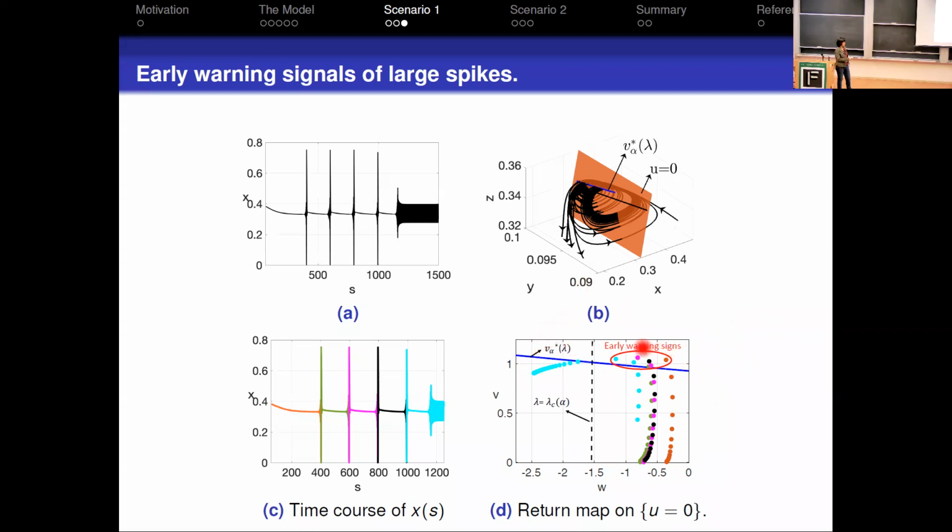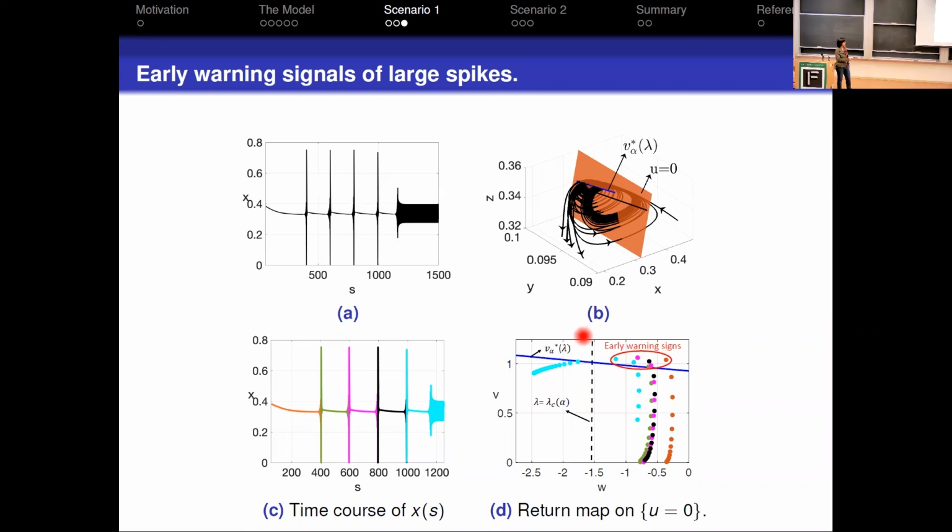If the return points lie above this threshold, then these points will serve as early warning signals of a spike in the system. Furthermore, our normal form analysis gives us a threshold on the slow variable W, which we denote here by a dotted line, such that if we are to the left of this threshold, then the system can no longer spike and it will approach the small amplitude limit cycle.